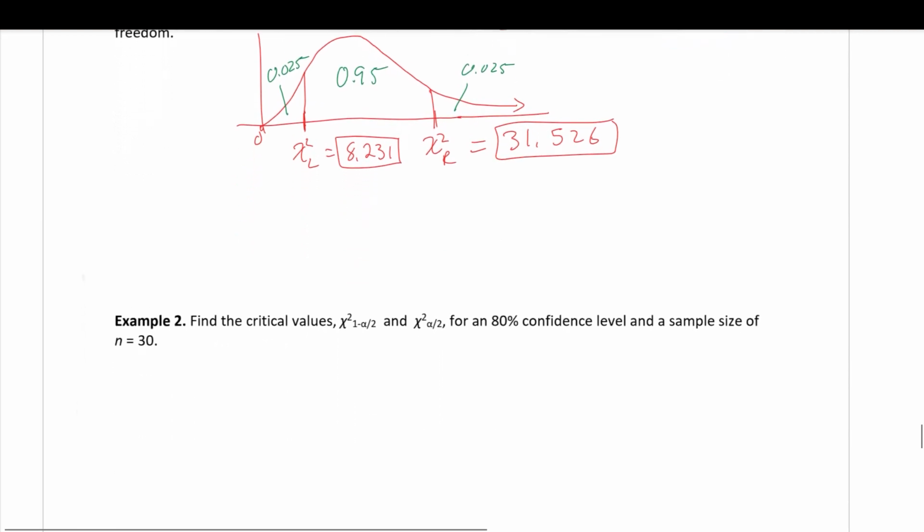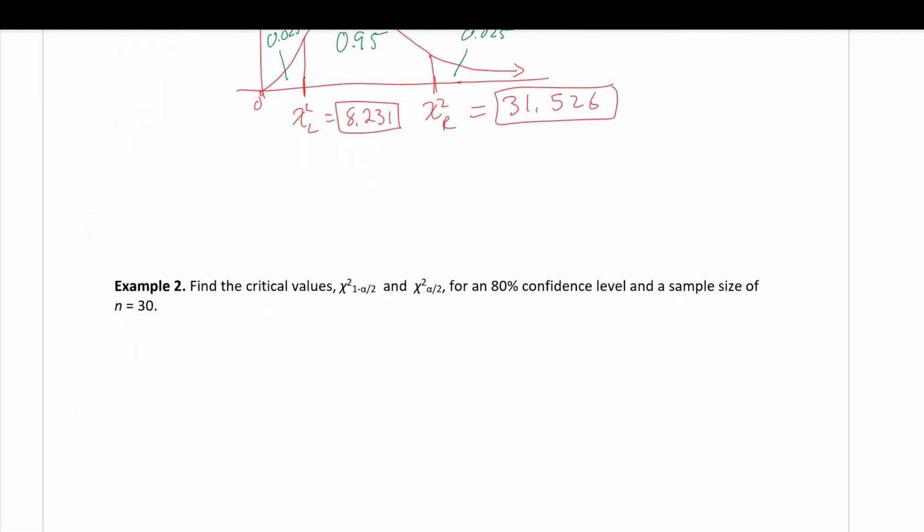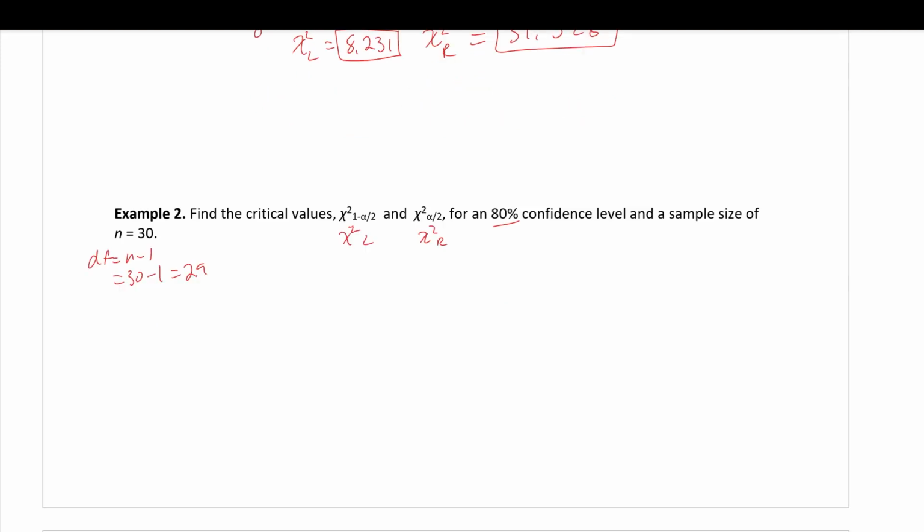All right, let's do another one. Same idea. This is going to be chi-squared left, chi-squared right. We're looking for an 80% confidence level and the sample size of 30. Well, if the sample size is 30, that tells us that the degrees of freedom are n minus 1, which in this case is 30 minus 1, 29. All right, let's go ahead and draw a picture again.